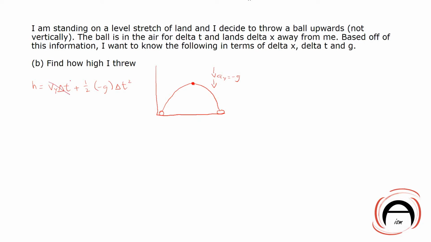This term immediately goes out because at that point you're going to have your Vy equal to 0. Let me just label that Vy is equal to 0. And then you're going to have h equal to negative 1/2 g delta t squared.